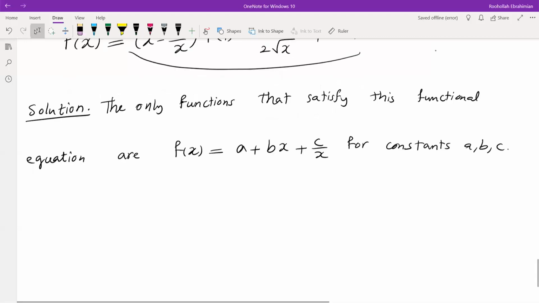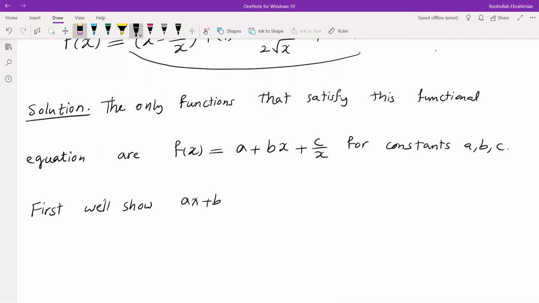Okay, so first we'll show that a plus bx plus c over x is a solution.